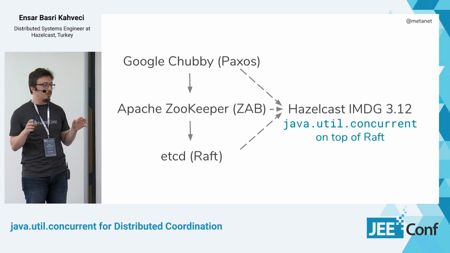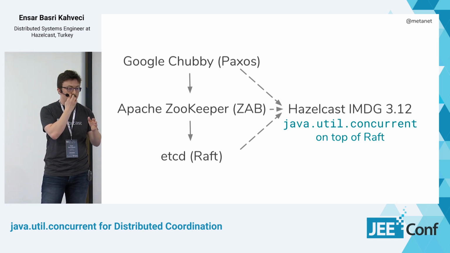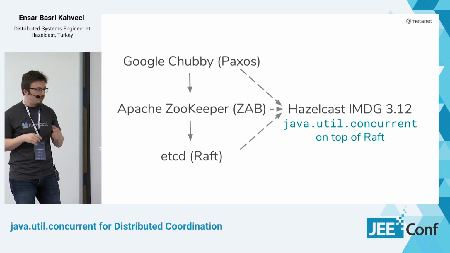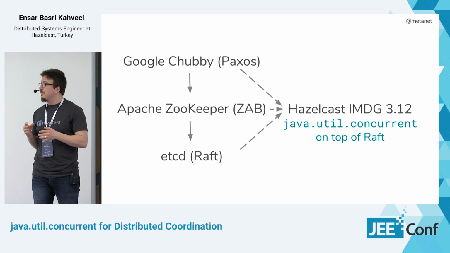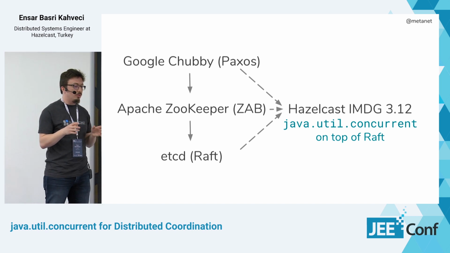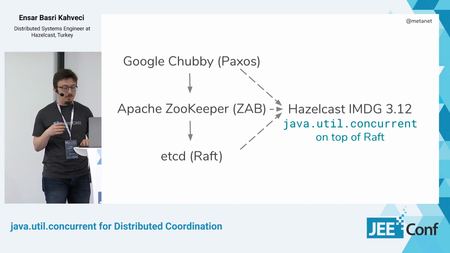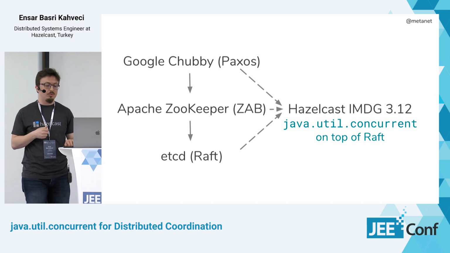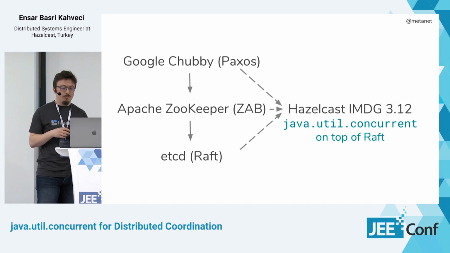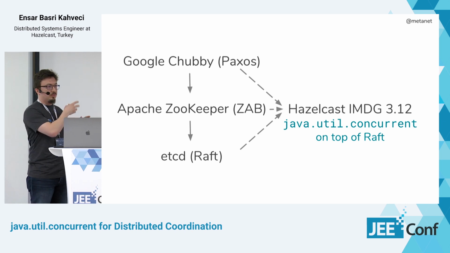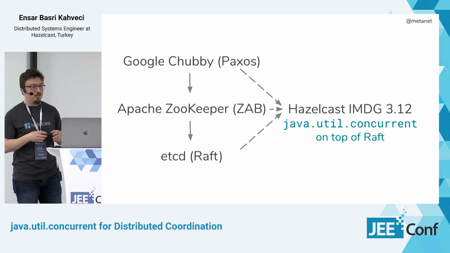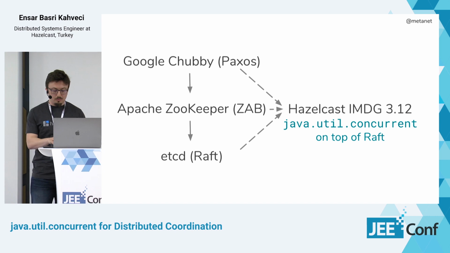Basically, they were not working with strong consistency. So in our new release, 3.12, we clarified their distributed execution and failure semantics and implemented them on top of the Raft consensus algorithm. And even though we follow a different approach from all other tools we mentioned here, we learned some lessons and borrowed some ideas from them.